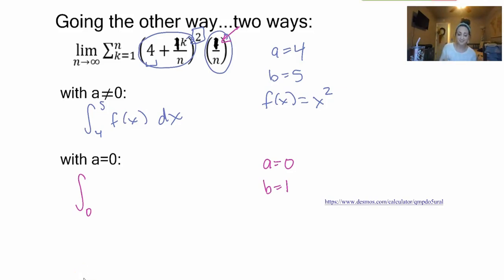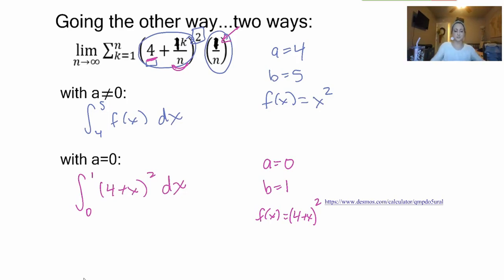So f of x, in this case, I've not taken care of that 4, right? So f of x is going to be, let's write it here, quantity 4 plus x squared, right? Because now my x I would only plug in here. So my final answer would be integral from 0 to 1 of 4 plus x quantity squared dx.